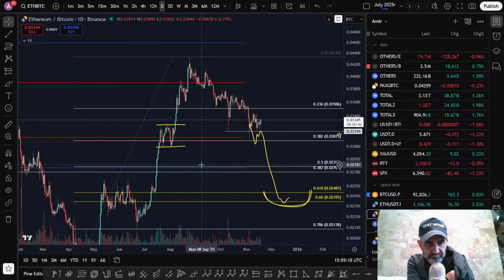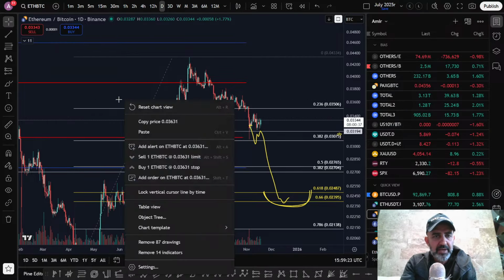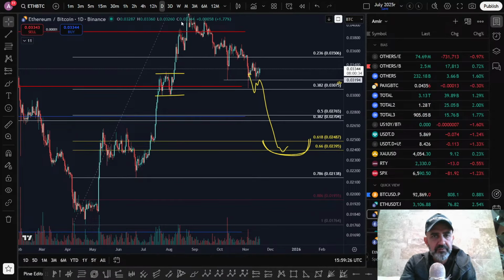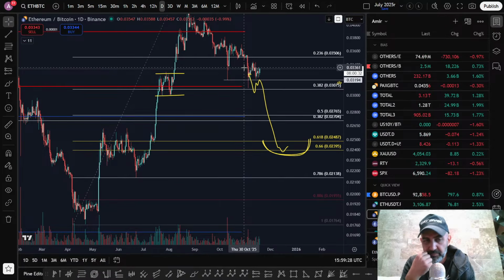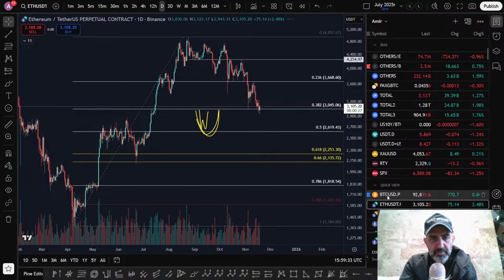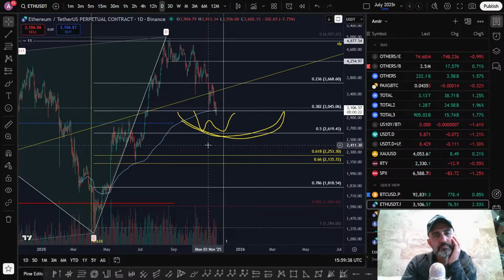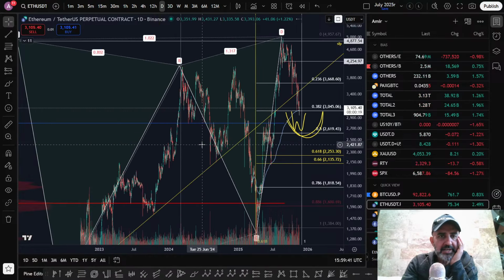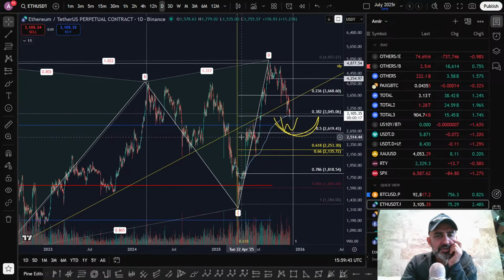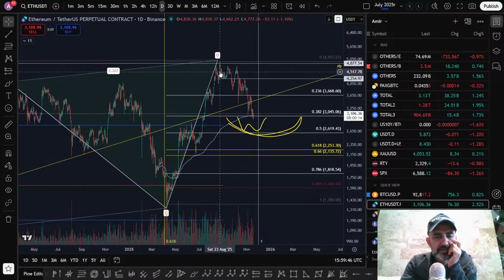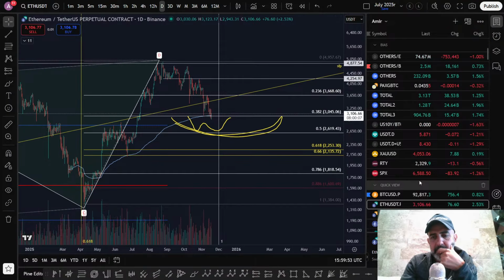Very different to before, when you had a five-wave rally, 1, 2, 3, 4, 5, and this is kind of a corrective move. Maybe not as bad as people think. I showed you on ETH that this was a bearish harmonic. See that? And it's playing out, but it's not really selling off, is it? It's just correcting.